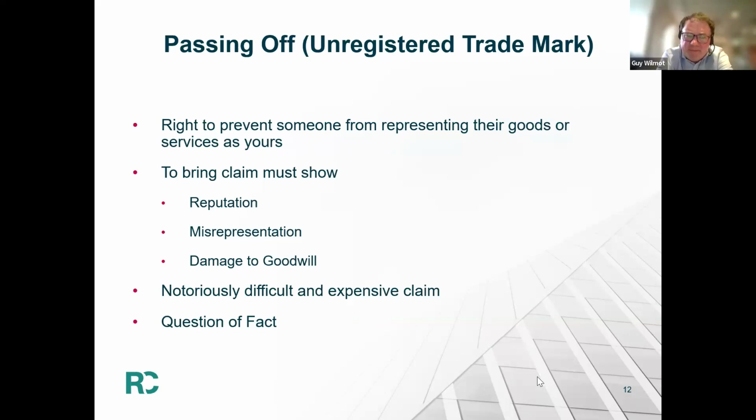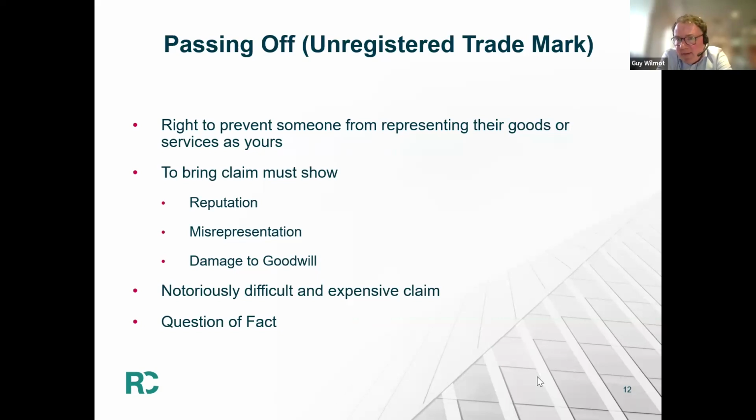in the marketplace. Now, to bring a claim for passing off, you have to show that you have reputation or goodwill in your original branding. You have to show misrepresentation, which does not mean deliberate, fraudulent, trying to poach your customers by using similar branding.